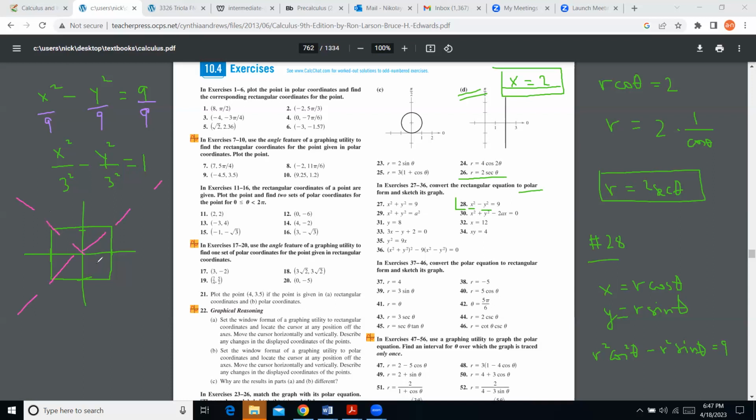intermediate algebra class. And then, if you forgot which way the hyperbola opens, you can always check a point and see if it belongs to your graph or not. So this point has coordinates 3 for x and 0 for y. Does it satisfy your equation or not? If x is 3 and y is 0, you're going to end up with 3 squared over 3 squared minus 0 over 3 squared.